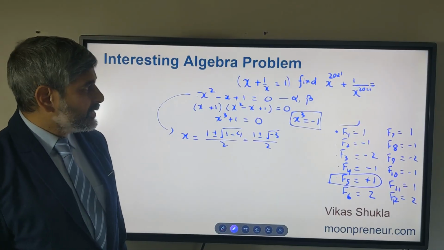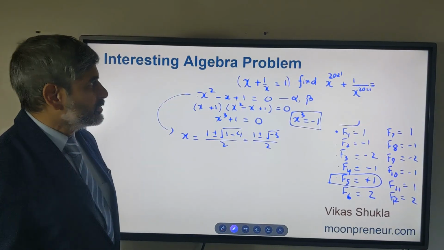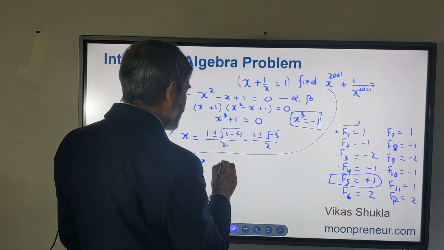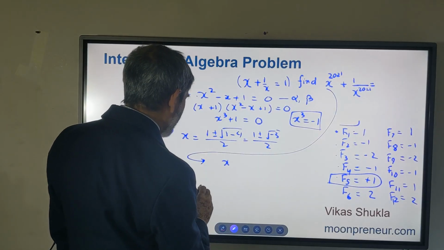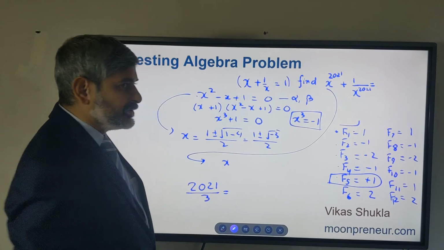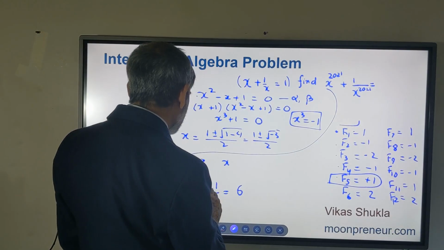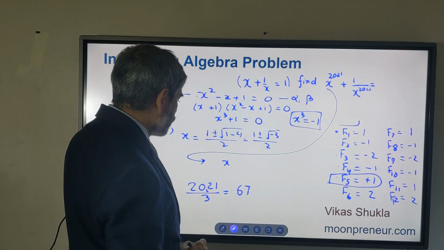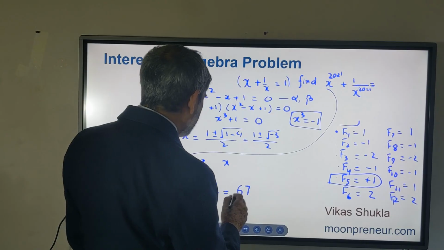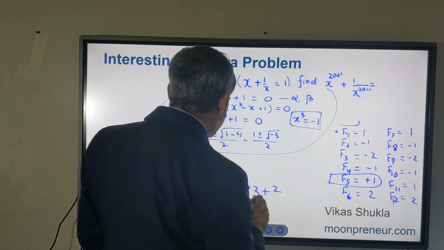Now what I do is, let's say if alpha is a solution to this equation, then alpha must be a solution to this equation. So from here I write this as x to the power of, now I divide 2021 by 3 to see if it's divisible by 3 or not. So I get 3 times 673 is 2019, plus 2.